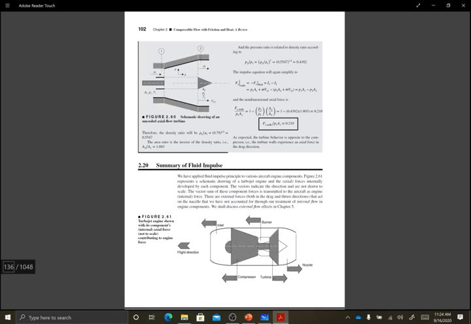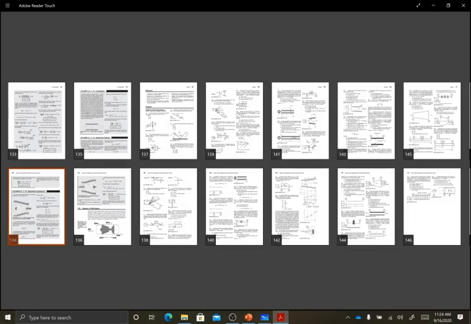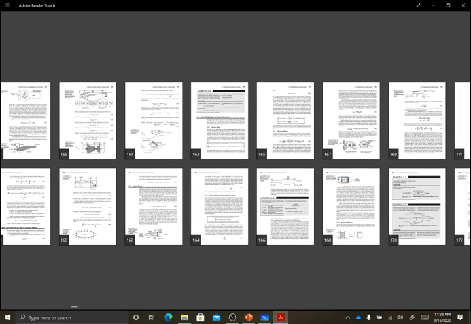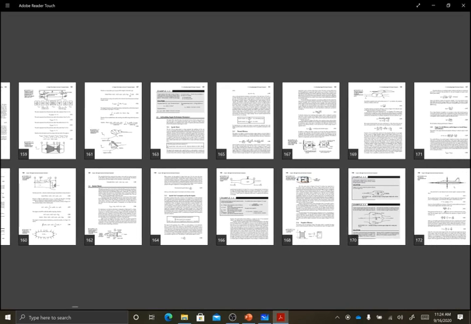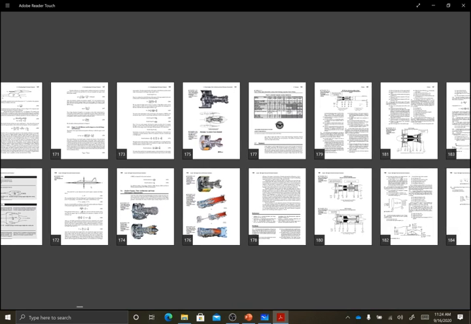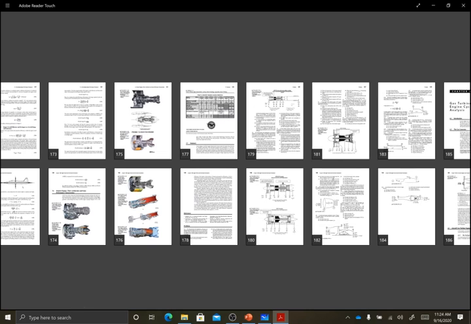Okay, let's see. Fluid impulse. Did you buy the textbook? I did. No, the PDF, no. But I did buy the original one. Do you have to buy it, or does the school buy it? I mean, we are on the record, so yes, I have to buy it.